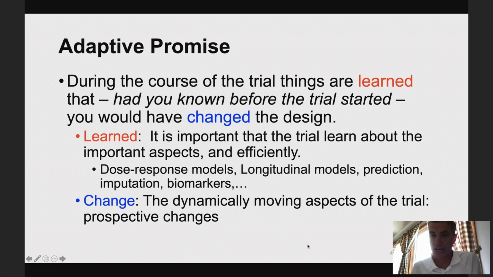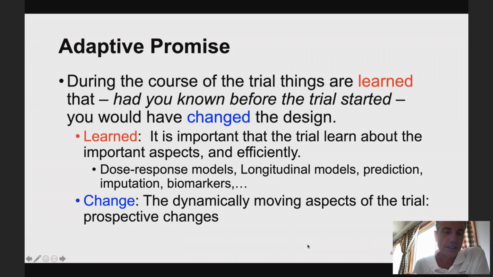You might have tried different arms, more arms, a bigger sample size, a smaller sample size. The promise of an adaptive design is that during the course of the trial, you may learn things with which you can make the design more efficient and more effective going forward. Like, had I known that, I would have designed a different trial.